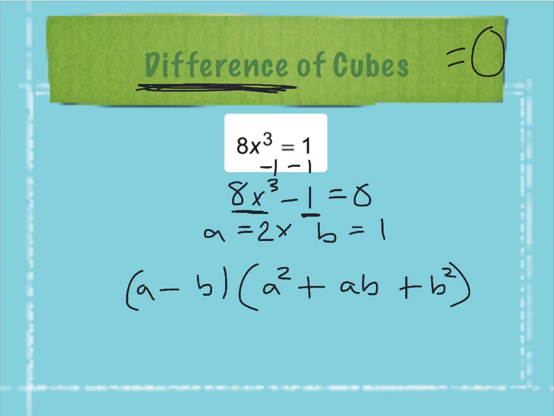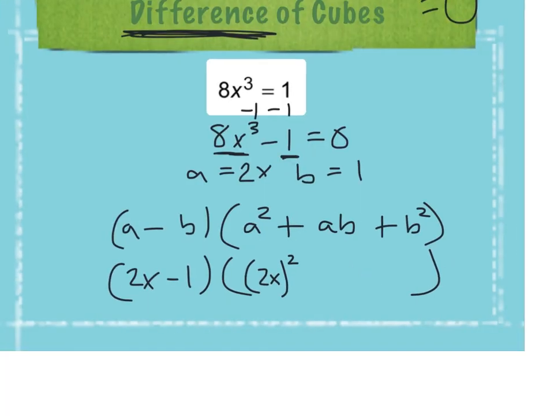Okay, so now we're going to plug in our a's and b's. So what's going to go in the first parentheses? 2x minus 1. And what goes in our second parentheses? 2x squared. And then we have a times b, which is 2x times 1, which would just be 2x.